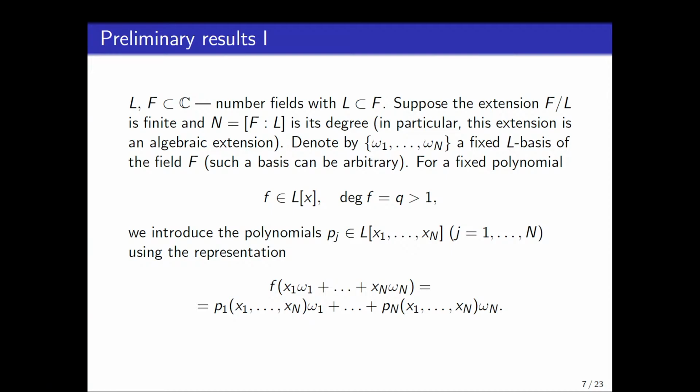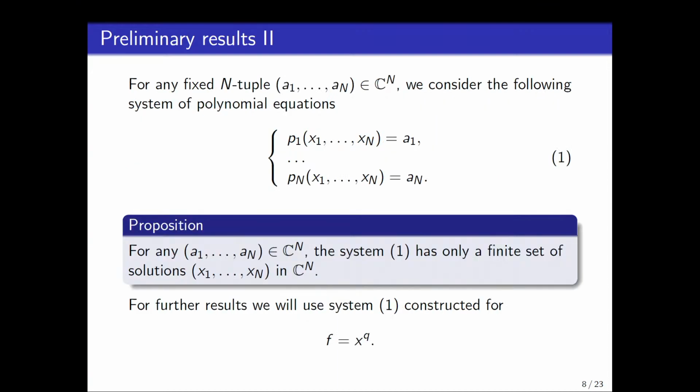And for a fixed polynomial f, we introduce the polynomials by the formula at the bottom. And now for any fixed collection A1 to AN, we consider a system of polynomial equations.